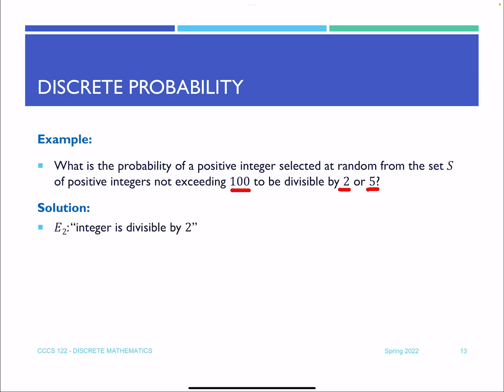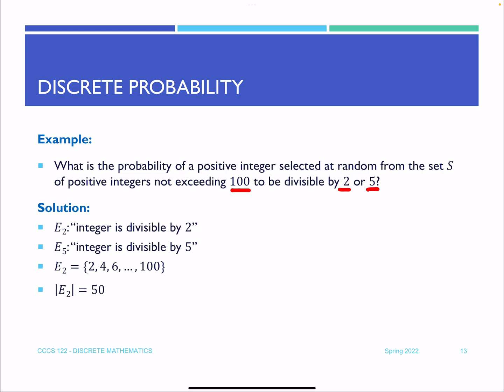Let me call event E2 the event that the integer is divisible by 2, and E5 the event that the integer is divisible by 5. E2 will contain all even numbers, 2, 4, 6, 8, 10, all the way up to 100, and the cardinality of the set is, of course, 50.